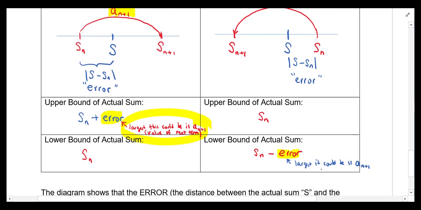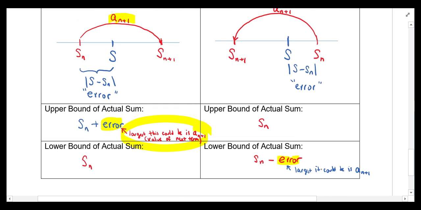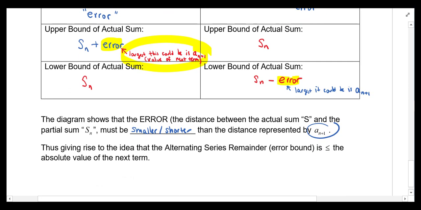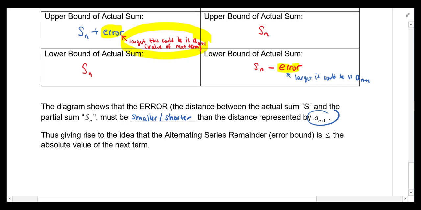In both of these situations here, notice the error is always less than the value of the next term. Thus, this gives rise to the idea that the alternating series remainder, or what we call the error bound, like how large is the error in your approximation to the actual sum? That's the alternating series remainder.